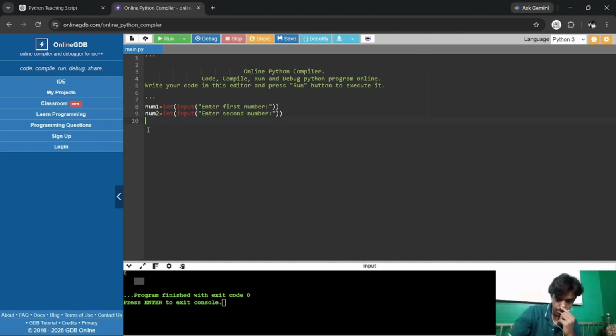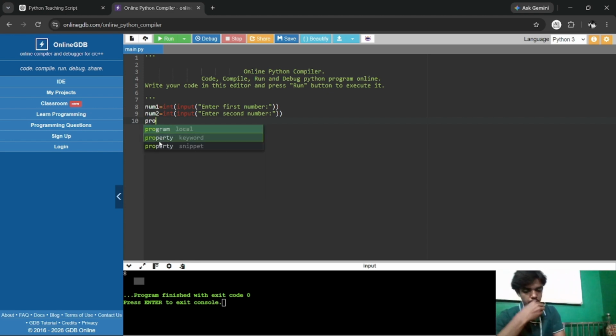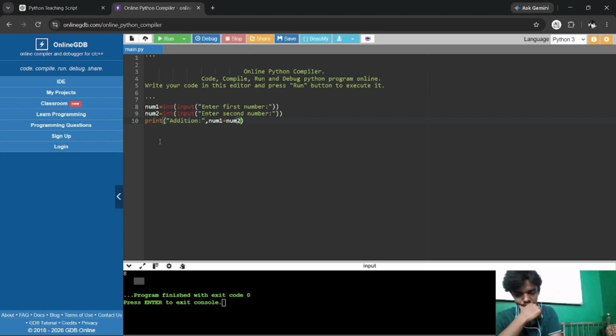So we have taken both inputs. Now we will perform all the arithmetic operators that we have learned today. So it would be addition. Addition would be, comma, num1 plus num2.